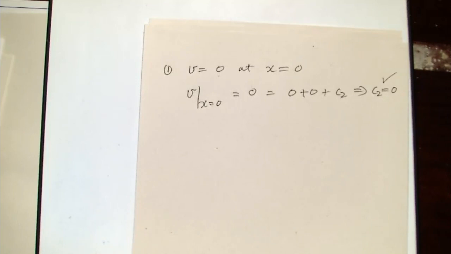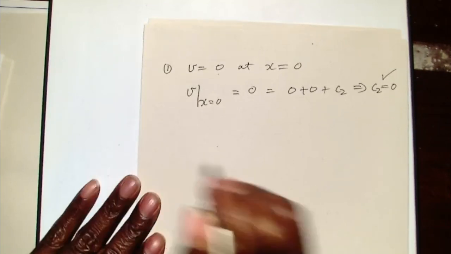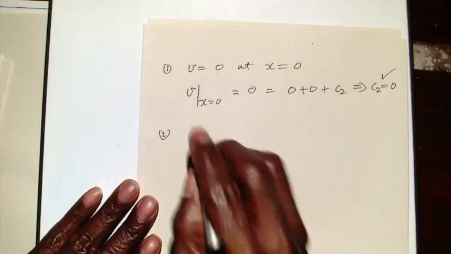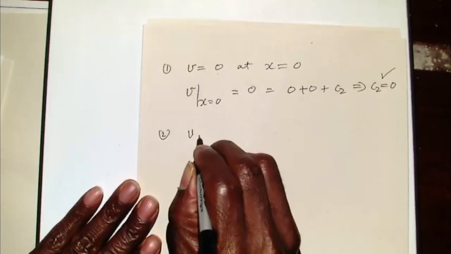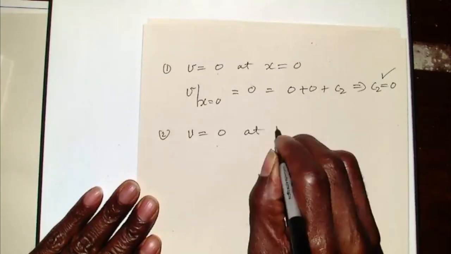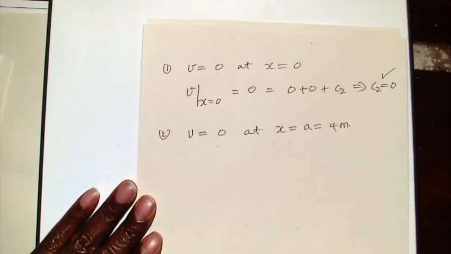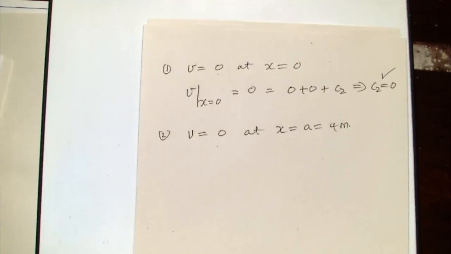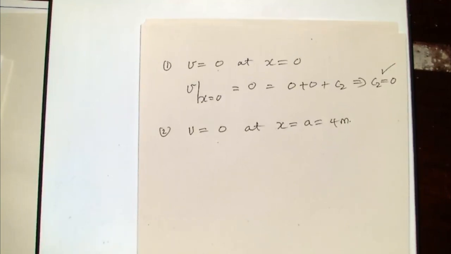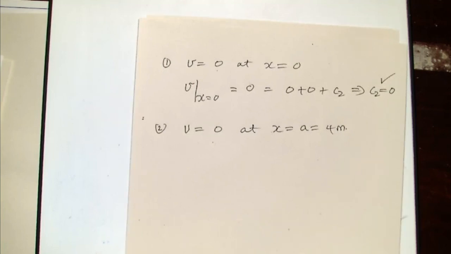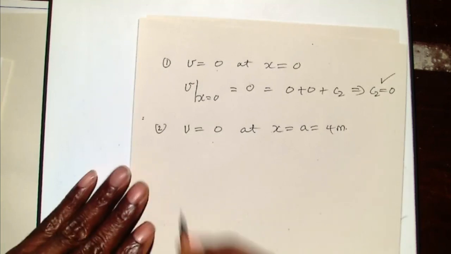Then we go and do the next one, which is point B. I will say V equals 0 at x equals A equals 4 meters. I will go back again and make x equals 4 meters, because at the point of support, there is no movement of the beam. So we'll do that again.